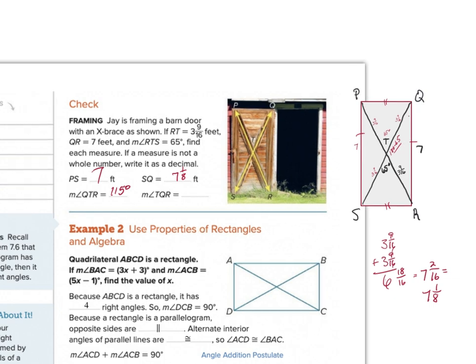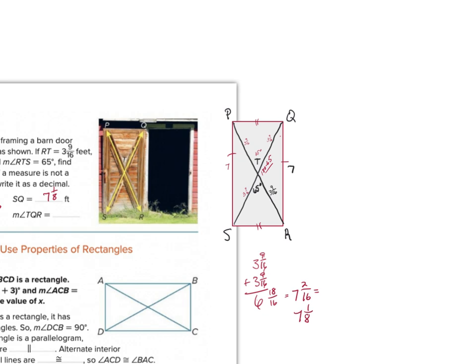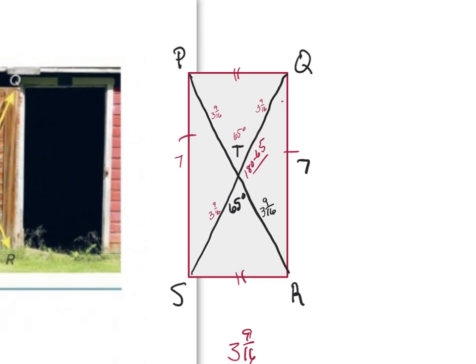TQR, well, I know that this is a triangle. Just thinking about what's going on here, I have this value, and 115 should all add up to 180.